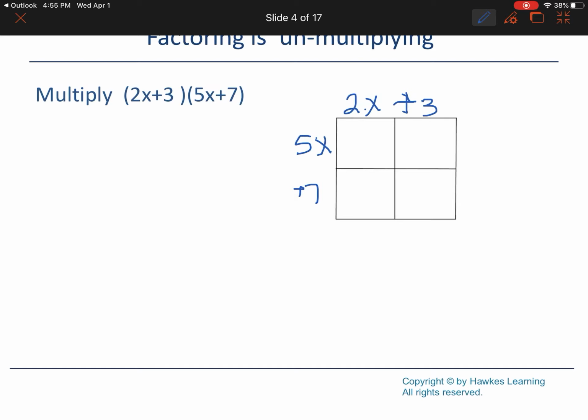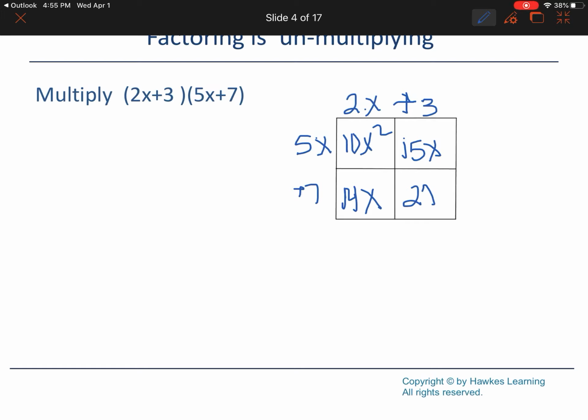All right, so when we multiply, we end up with 10x squared, 15x, 14x, and we have 21.